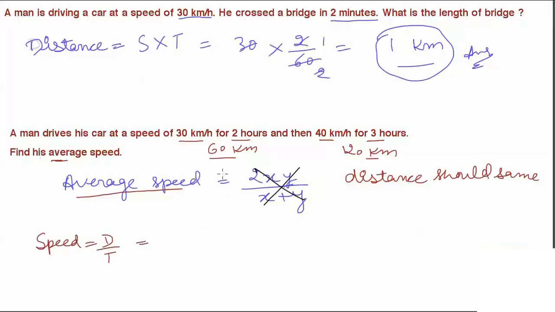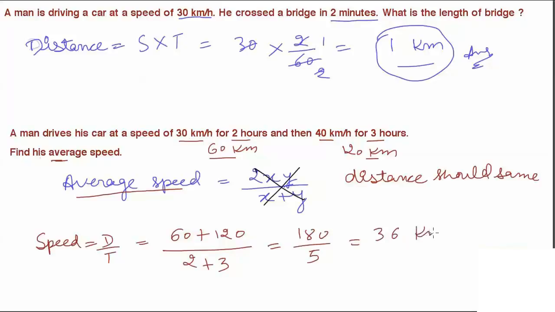So the distance is 60 kilometers plus 120 kilometers, and the time taken is 2 hours plus 3 hours, so it becomes 180 over 5. So 36 kilometers per hour is our answer. So what we learn here is we can't apply the average speed formula when the distance is different. So apply the average speed formula only when the distance is same.